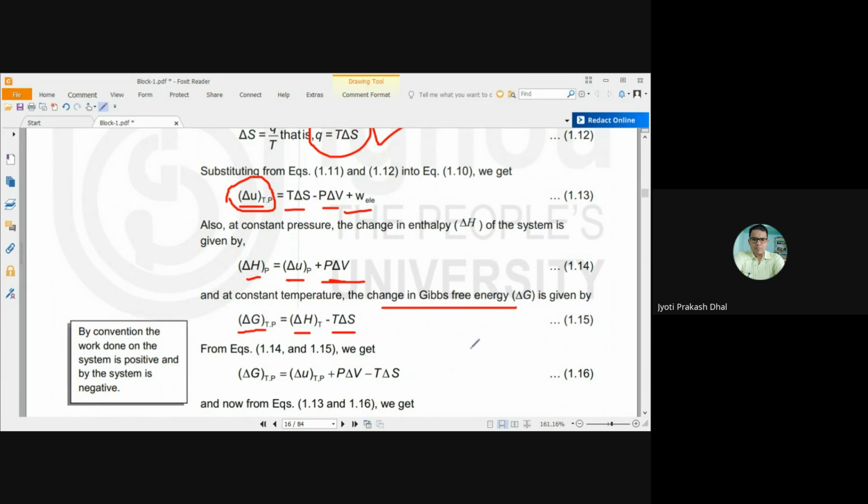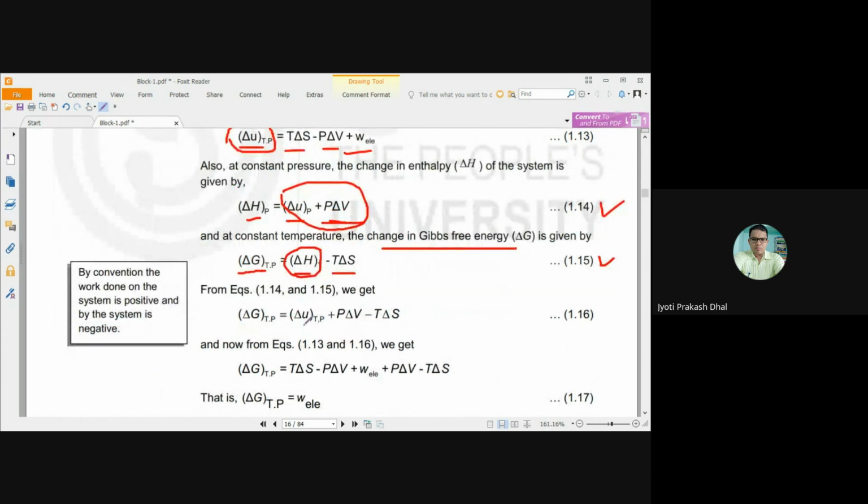Now from equation 1.14 and equation 1.15, in place of ΔH we can write ΔU plus PΔV, so equation 1.15 can be converted into ΔG at constant temperature and pressure equals ΔU plus PΔV minus TΔS. This is equation 1.16.